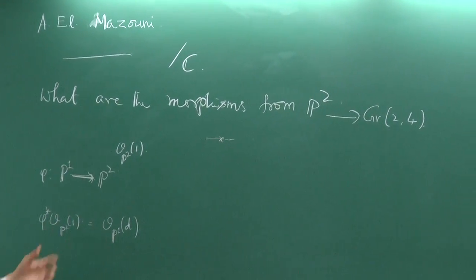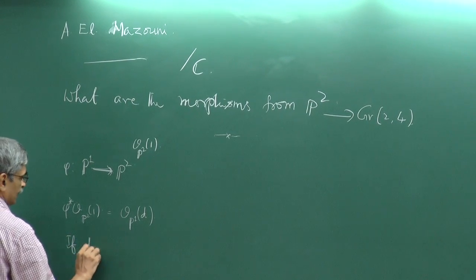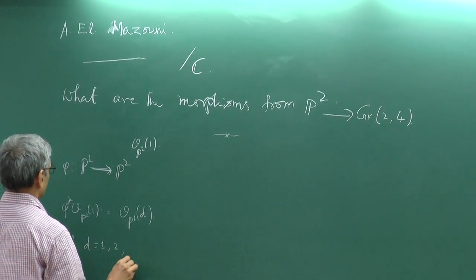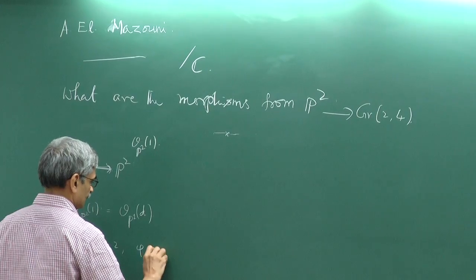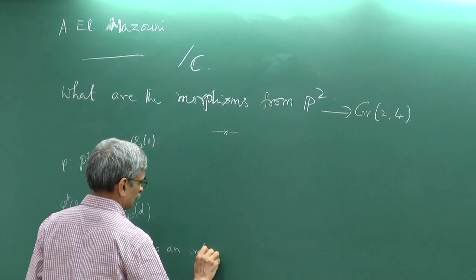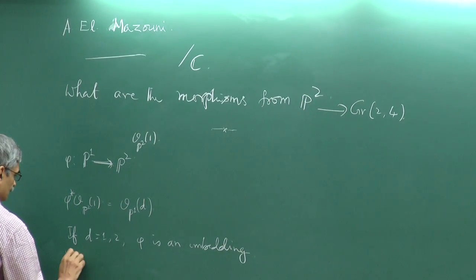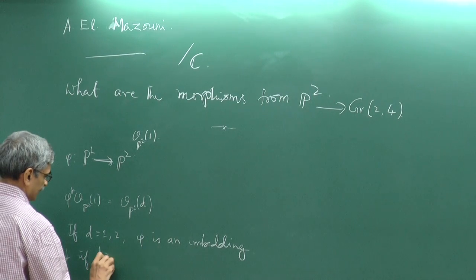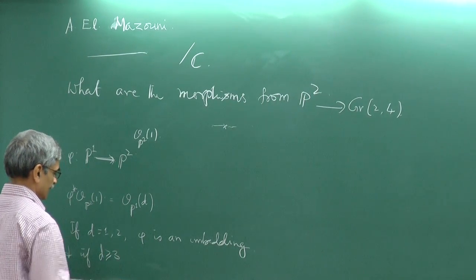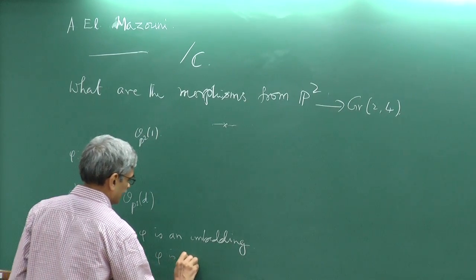First of all, one knows that if d equals 1 or 2, phi is an embedding. And if d is bigger than or equal to 3, then phi is not an embedding.